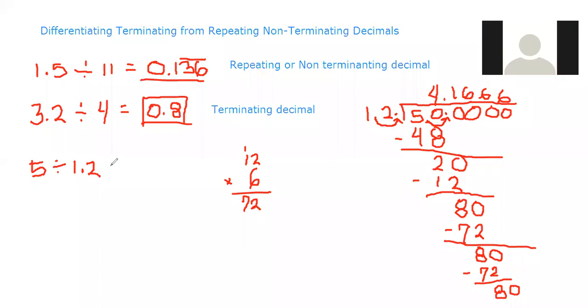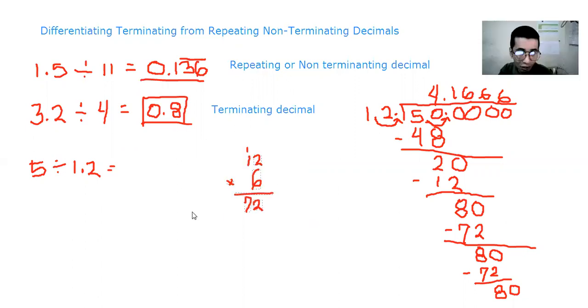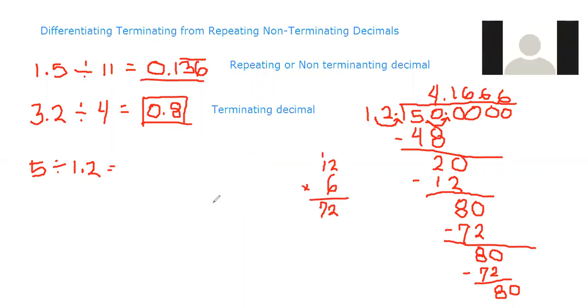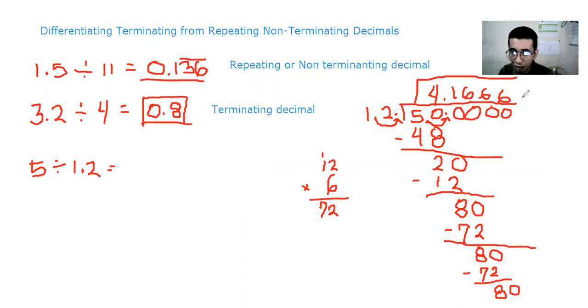Repeating po. So, kung repeating decimal siya, ano yung magiging sagot natin? Dito, diba ito na yung sagot natin, yung quotient natin.